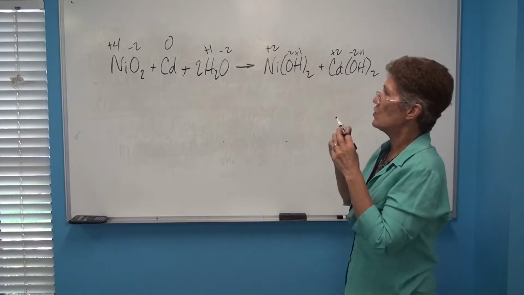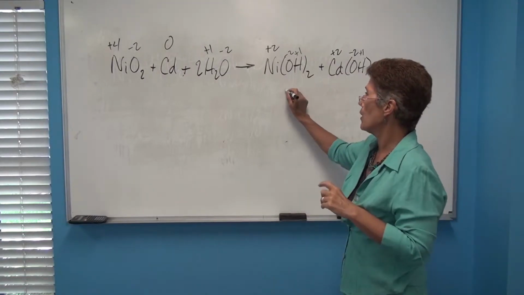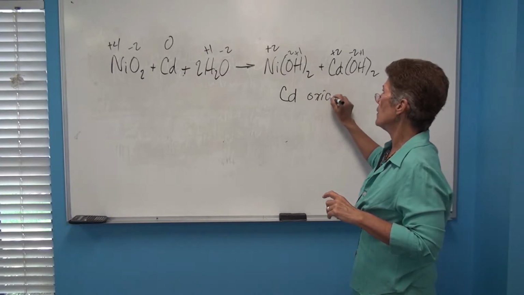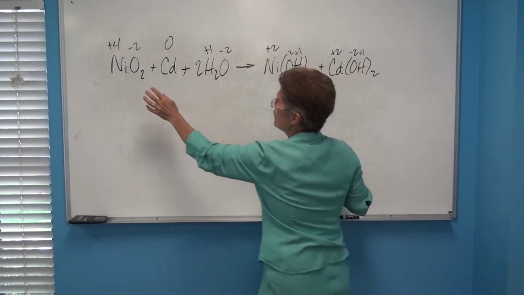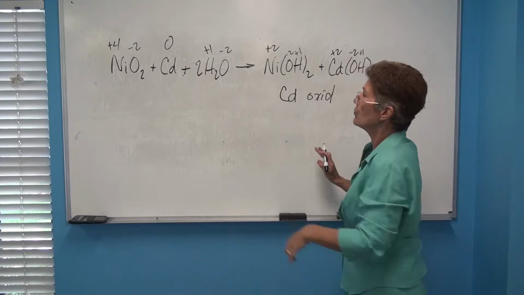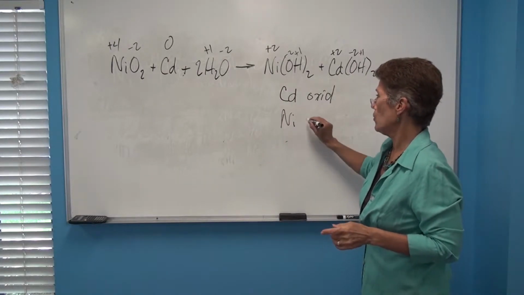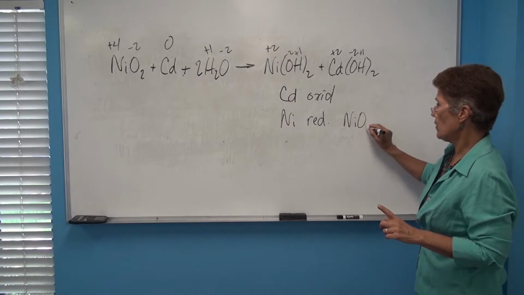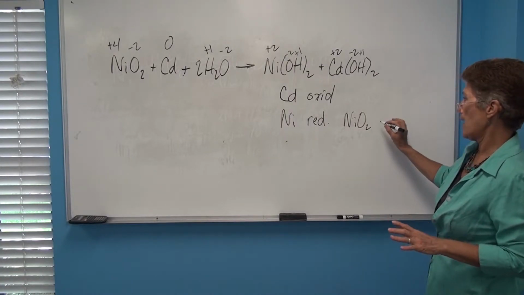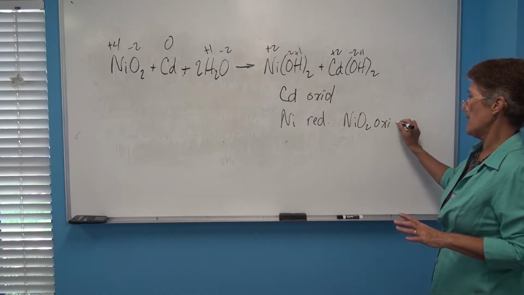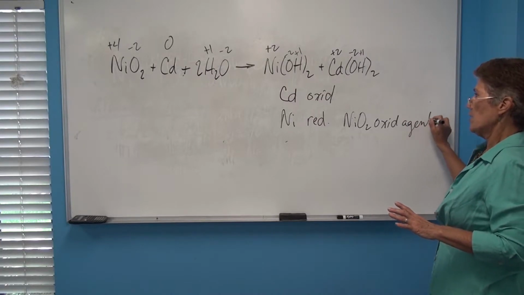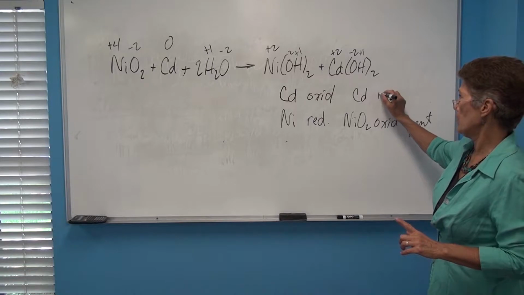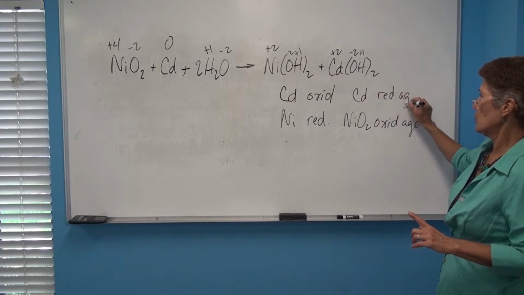So cadmium is losing electrons, and therefore cadmium is being oxidized. And here nickel is going from 4 to 2, so nickel is being reduced, and therefore the nickel oxide is actually the oxidizing agent, and the cadmium is actually the reducing agent.